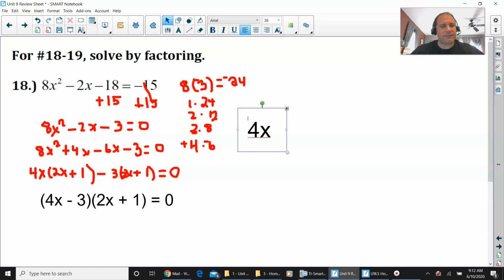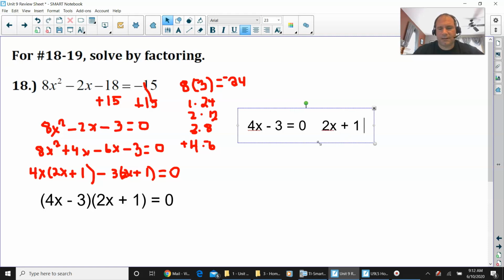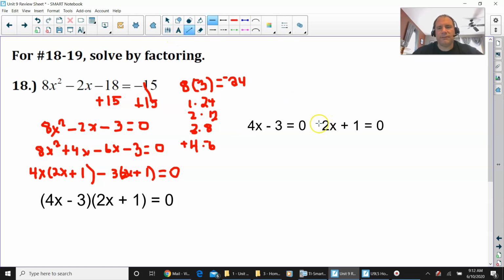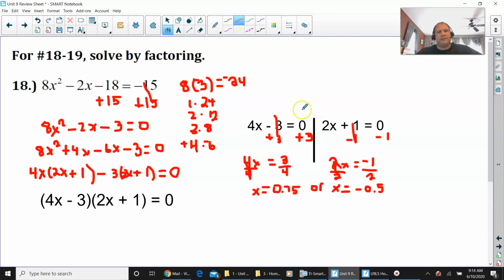So 4x minus 3 equals 0 is one equation, and 2x plus 1 equals 0. Put a line in the middle if you would like. A lot of people do like that. And then go ahead and solve each for x. And when we solve, you add 3 on both sides.